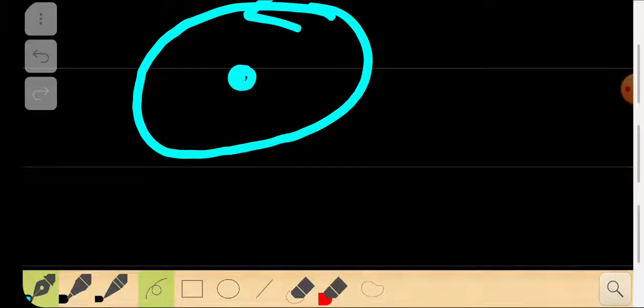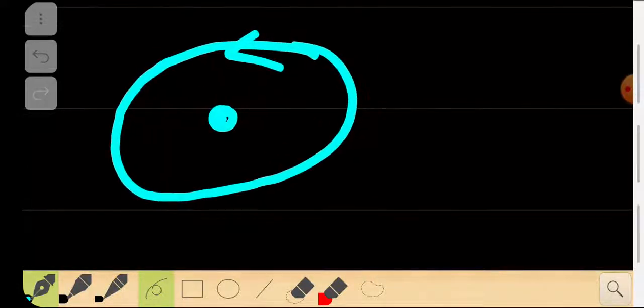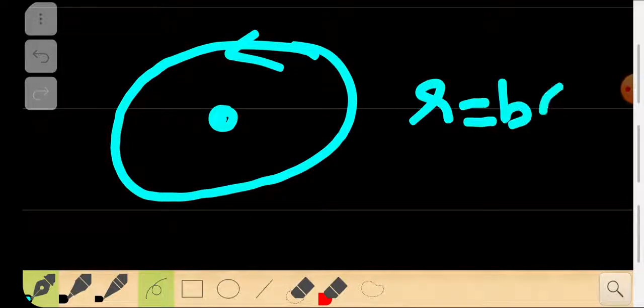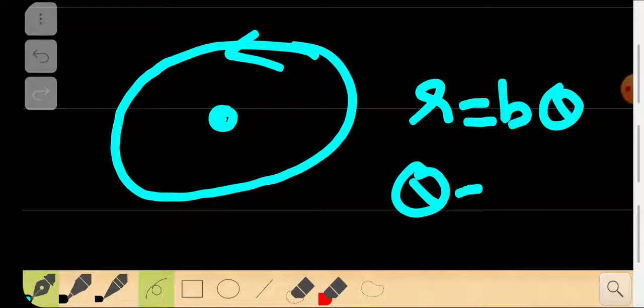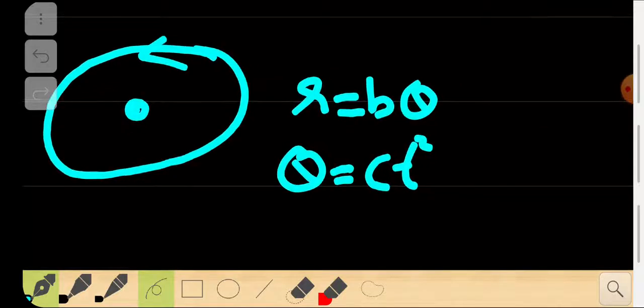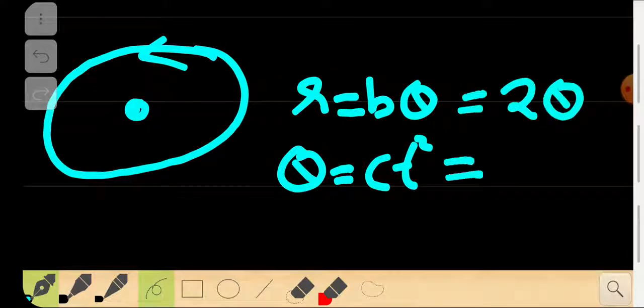The equation of that motion, where r is changing, is r equals b times theta, and it is given that theta is equal to c times t square. Let's simplify: b is equal to 2 and c is equal to 3, so theta is 3 t square.